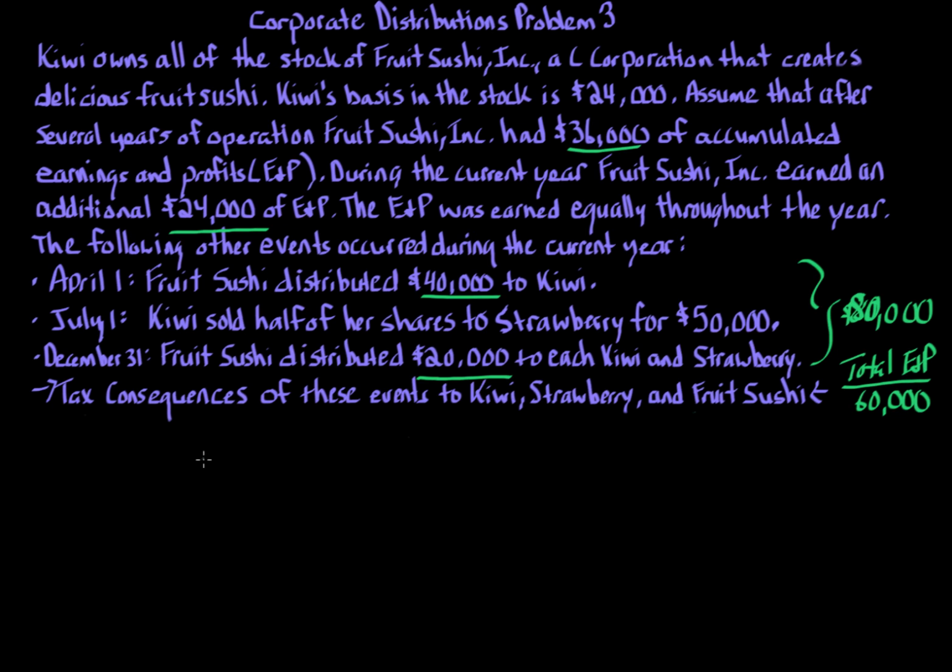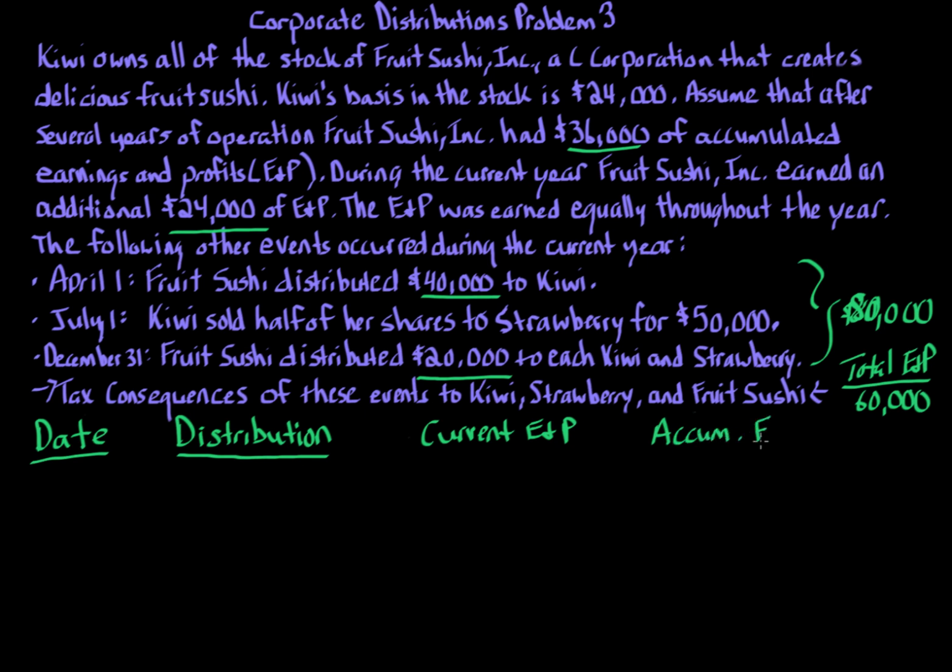All right. So the best thing to do is to create a little chart where we have the date, the distribution amount, current E&P, accumulated E&P, and finally, the amount that's considered a dividend from that respective distribution.